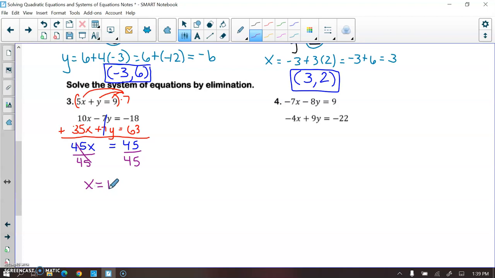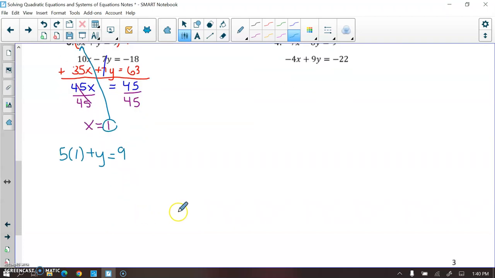Now I need to find y, so I'm going to put that x value of 1 into one of my original equations. It does not matter which one. I'm going to put my x value of 1 into my top equation. So I have 5 times 1 plus y is equal to 9. Now I'm going to solve for y.